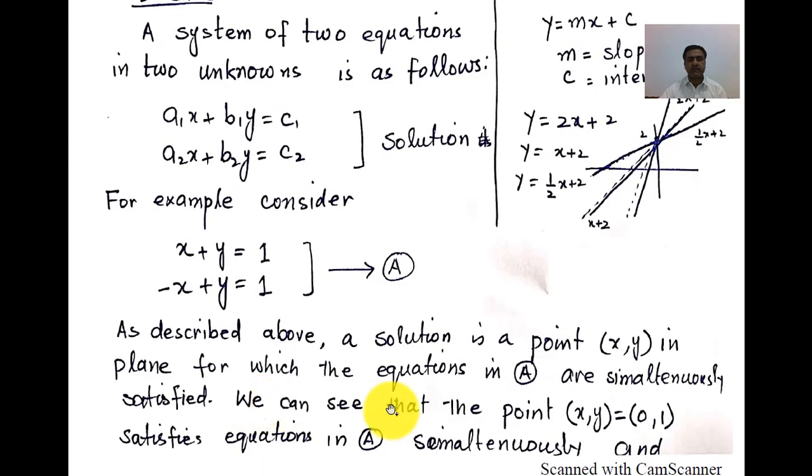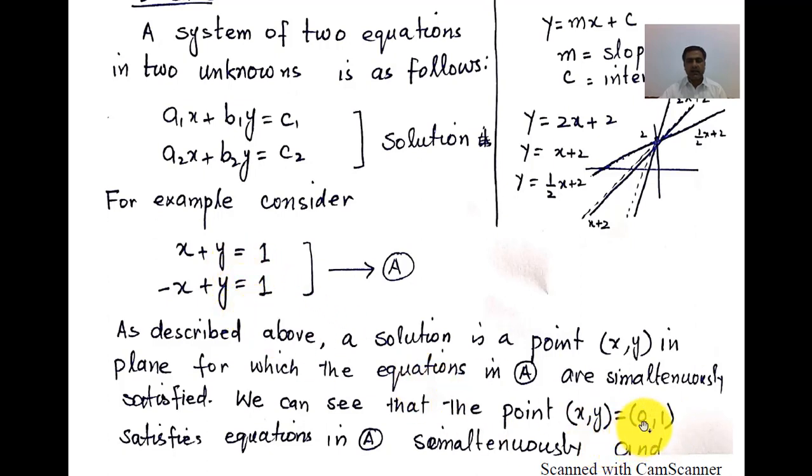We can see that the point (0, 1), x is 0, y is 1, if we substitute the values of x and y in both of these equations, they are satisfied. For example, x is 0, so 0 plus 1 is 1, and minus 0 plus 1 is once again 1. Hence, for this point (0, 1), both these equations are satisfied.